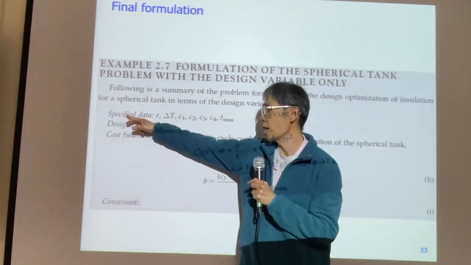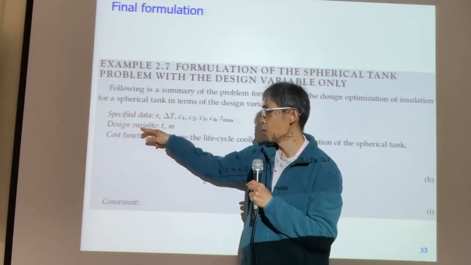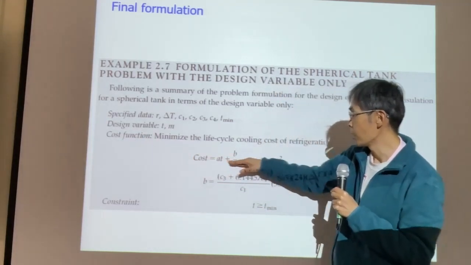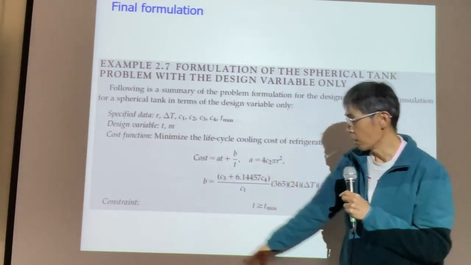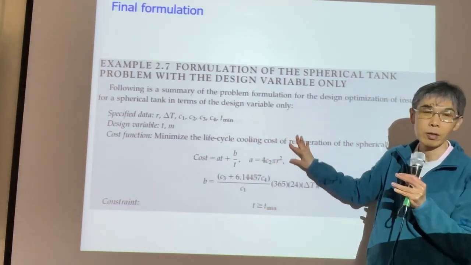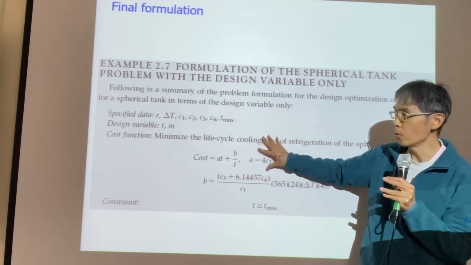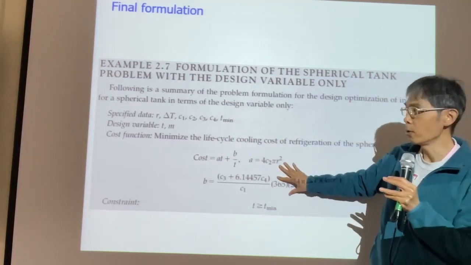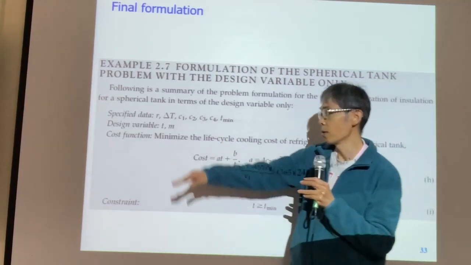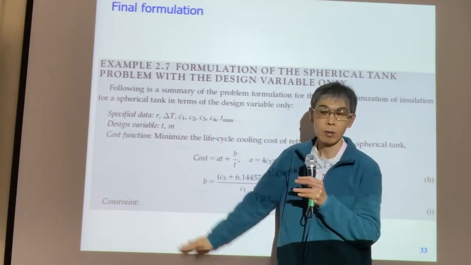See the data, the parameter you will use, and the design variable, Tn, the objective function, minimize this one, and the constraint, t greater or equal to t minimum. Very simple, but it tells everything. So this is the engineer's job, to use mathematics to describe your problem very precisely. So remember: data, design variable, objective function, constraints. That's all.